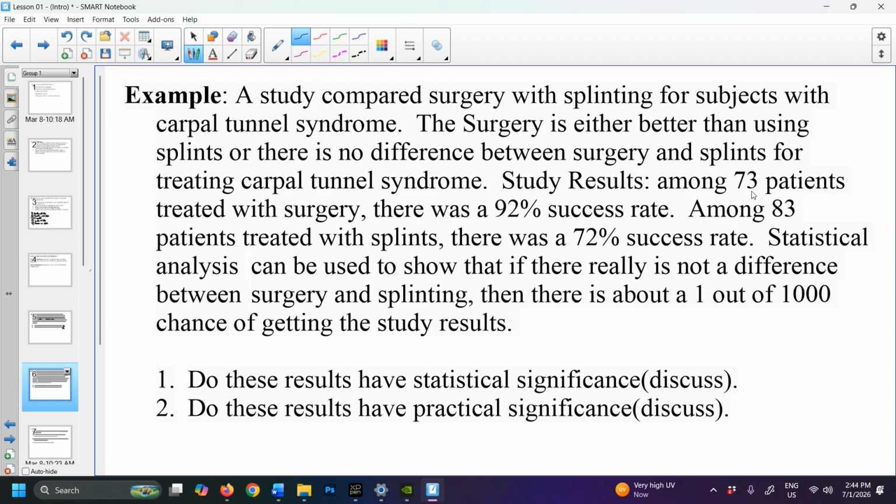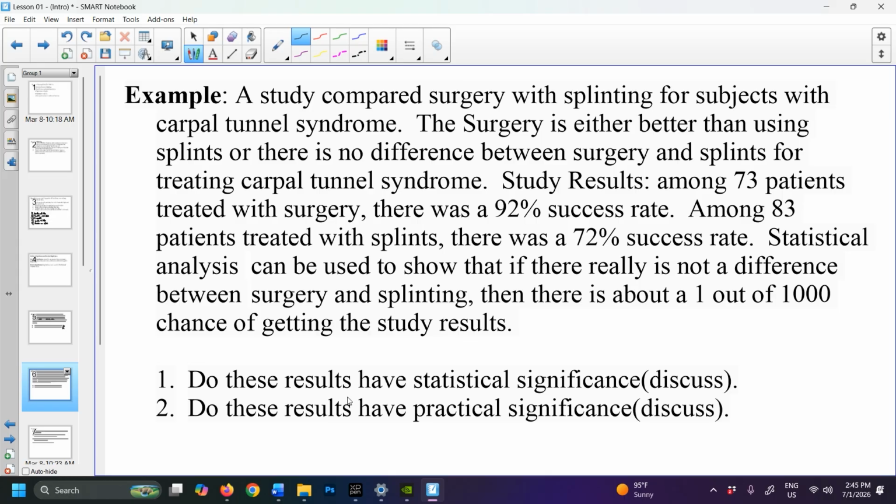Study results: among 73 patients treated with surgery, there was a 92% success rate, and among 83 patients treated with splints, there was a 72% success rate. Statistical analysis can be used to show that if there's not really a difference between surgery and splinting, then there is about a 1 out of 1,000 chance of getting these study results.